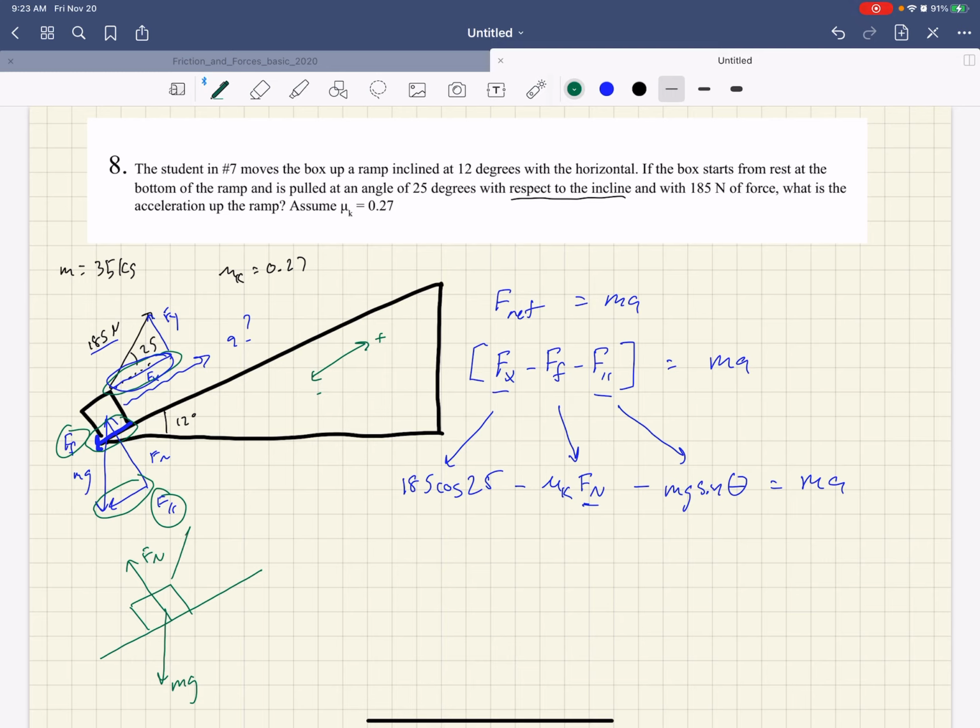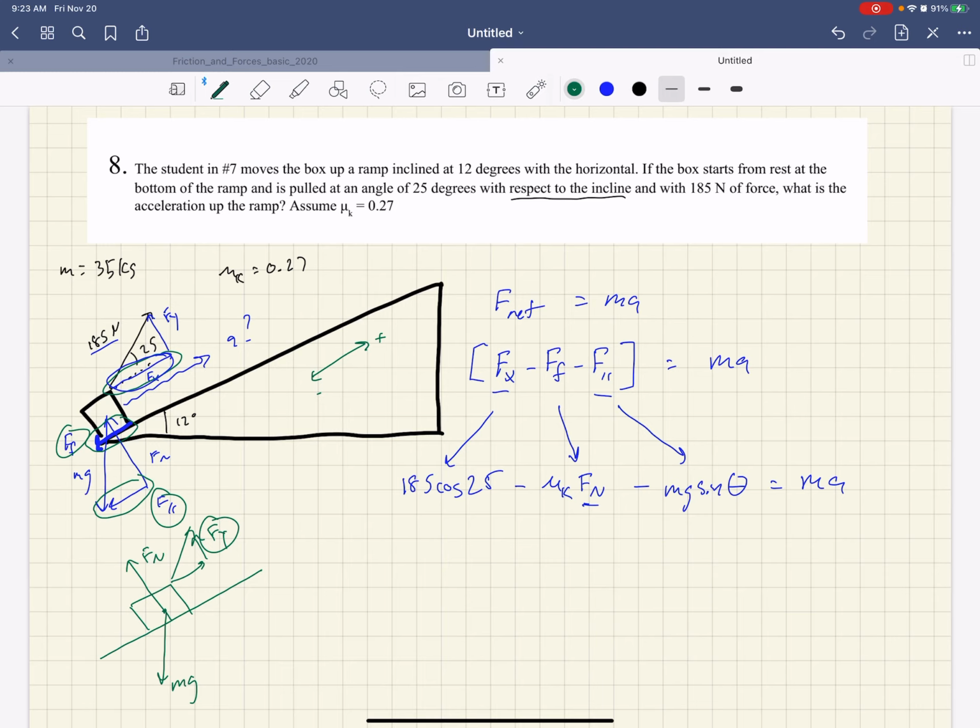But notice that you are also pulling up on the object. So if you think about it logically, the ramp doesn't have to support the whole weight of the object because you're kind of supporting some of the weight of the object, right? You're lifting a little bit up on this ramp, so the ramp doesn't have to support the whole thing.